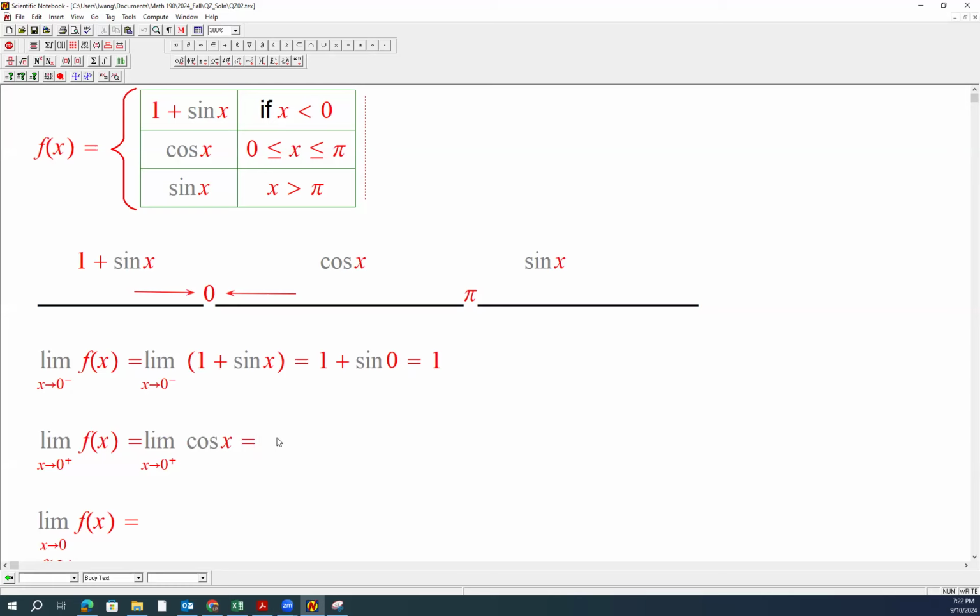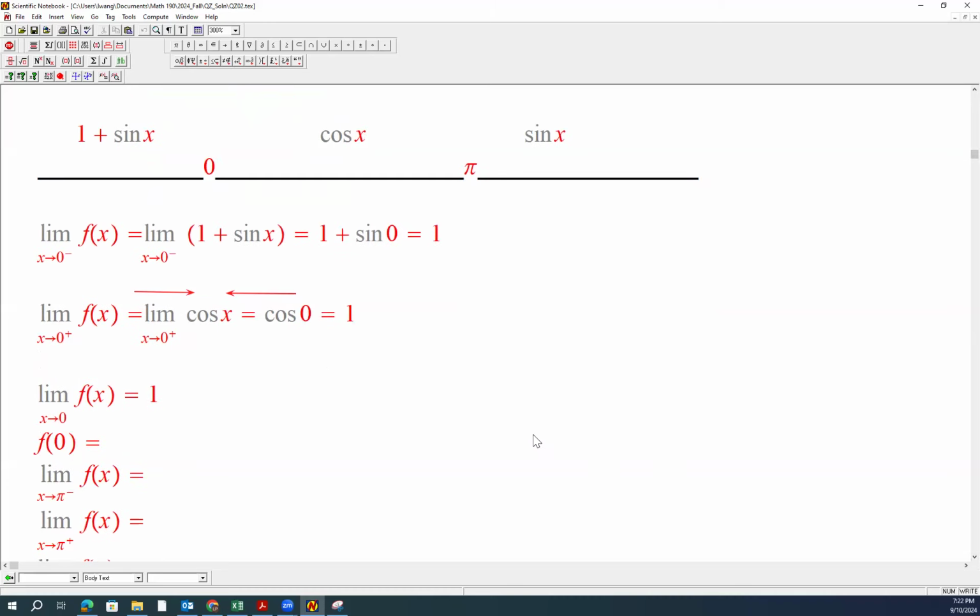And this once again is a direct substitution: cosine 0 equals positive 1. The limit from the left equals 1. The limit from the right of 0 equals 1. Therefore, the limit equals 1 according to a certain theorem that we all know.